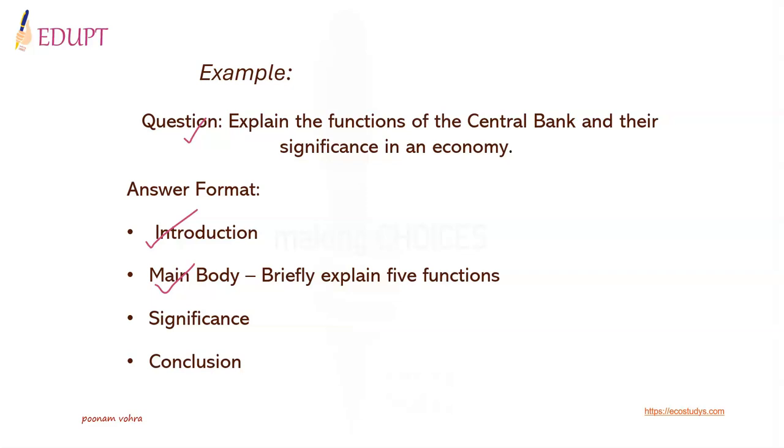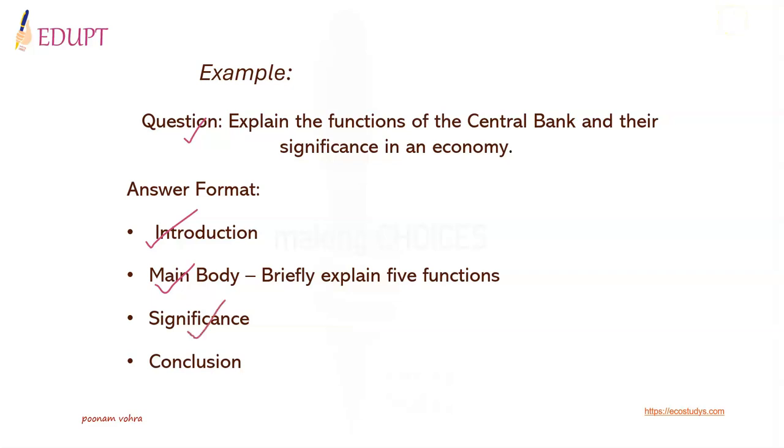It is the lender of the last resort and provides loans to commercial banks in times of liquidity crisis to ensure financial stability. 4. It manages foreign exchange reserves and ensures stable exchange rates by intervening in forex markets. And 5. The central bank manages the government's accounts, borrowing, and debt obligations.